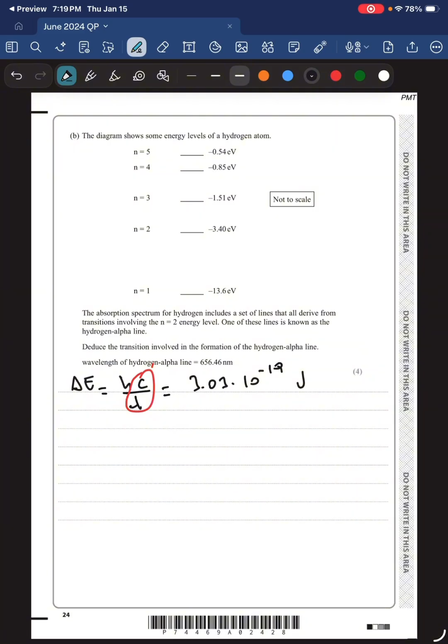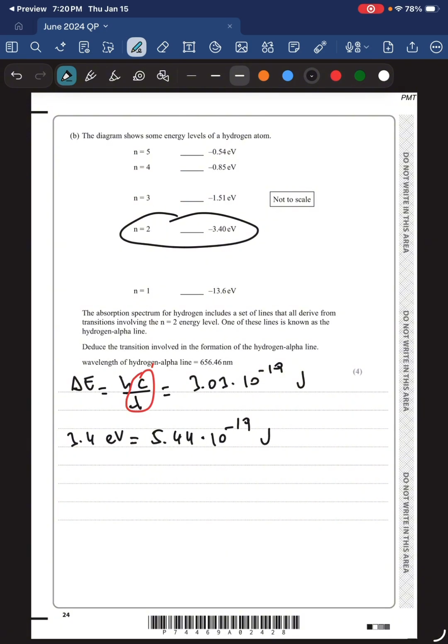And since this transition involves the 3.4 electron volts level, let's convert that to joules. So 3.4 electron volts is 5.44 times 10 to the negative 19 joules.